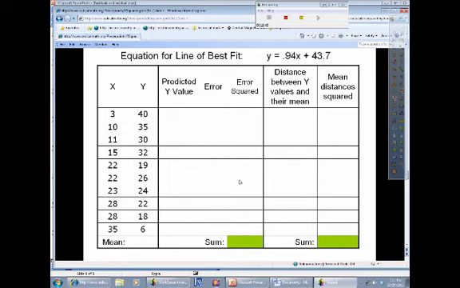Then we find the error, which is the actual minus the predicted, and we square it. We're also going to find the mean of our y values, then find the distance between the y and the mean, and then square those mean differences.